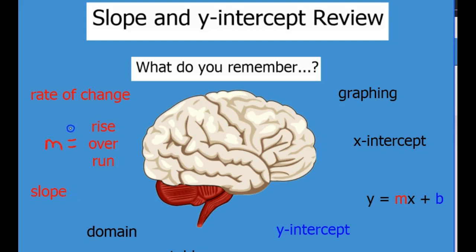Domain is the x values. Y-intercept is where the line crosses the y-axis. Y equals mx plus b is slope-intercept form. X-intercept is where the line crosses the x-axis, and we're just going to be graphing them.